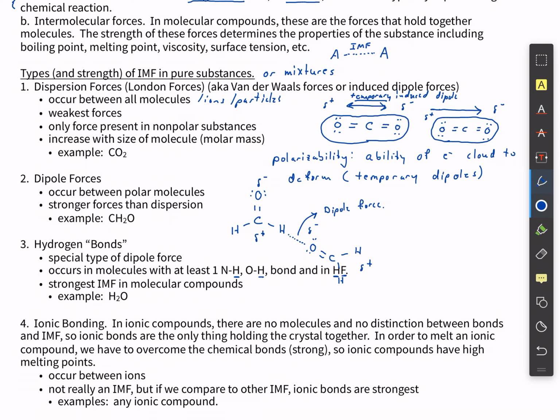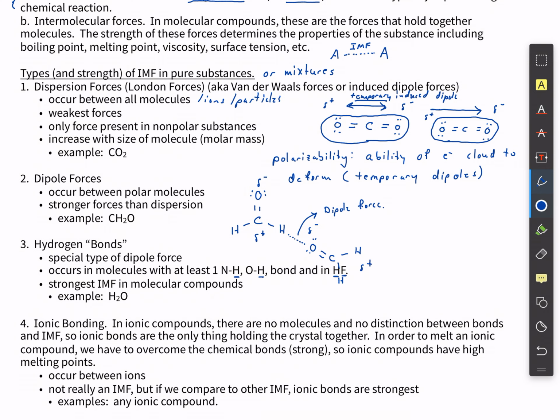When we talk about mixtures in a few minutes, you're going to see that this is actually a little bit more liberal, the way we define it when we get into mixtures. But in pure substances, you have to have an NH, an OH, or the compound HF in order to see hydrogen bonding.